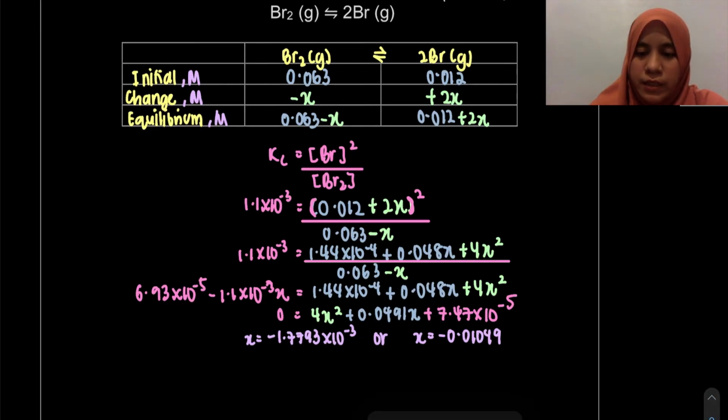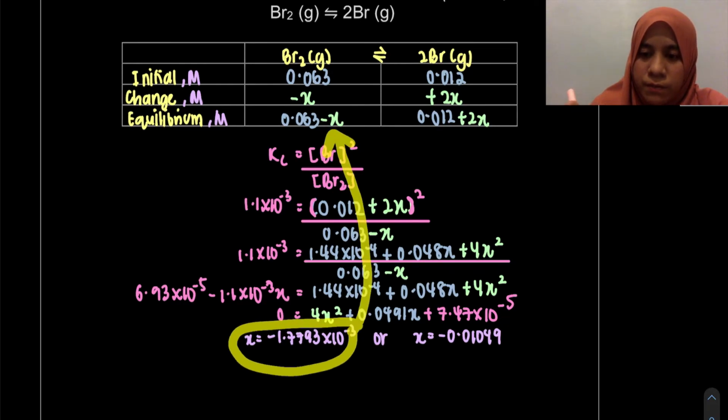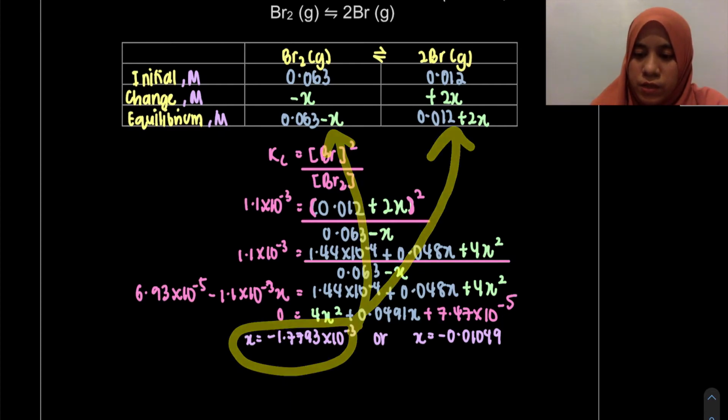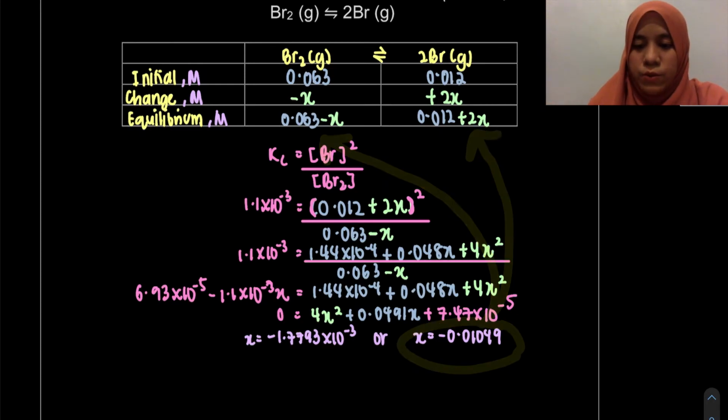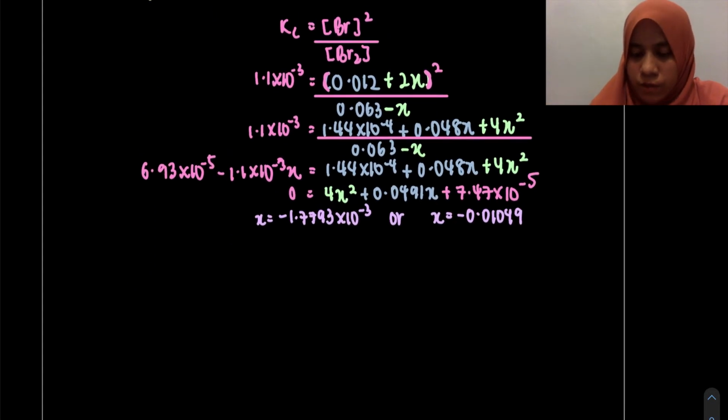Okay, so which of the values will be used for x itself? How do we use x here? It becomes a bit long. So we are going to substitute in these 2 values. We substitute: when x is equal to this one, what will be the concentration at equilibrium for this, and when x is equal to this value, what will be the concentration of Br2 and Br gas. So here I'm just going to write it down.